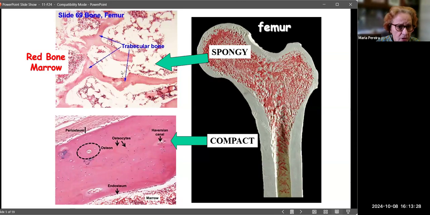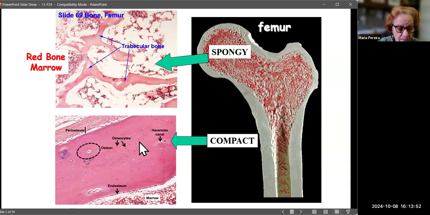So here you see the spongy bone, you see this pink, this is a histological preparation of a spongy bone, and the pink structures are the trabecula. So this is real bone tissue that surrounds these cavities that contain the red bone marrow. And here you see the compact bone.